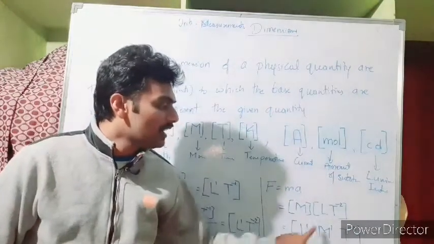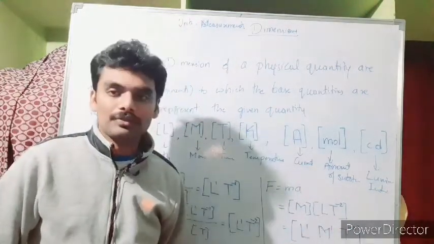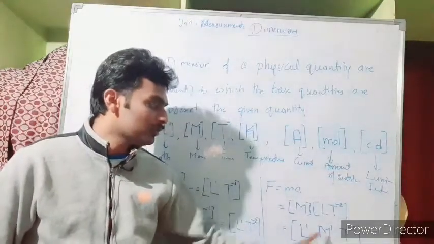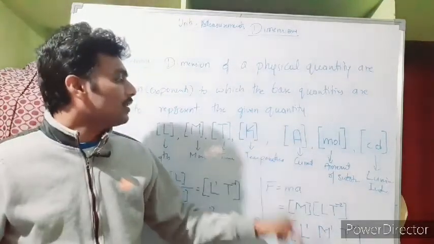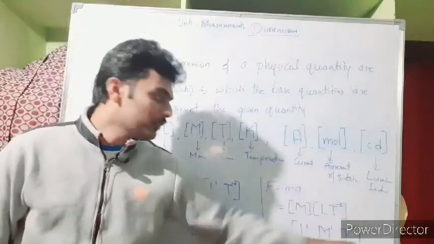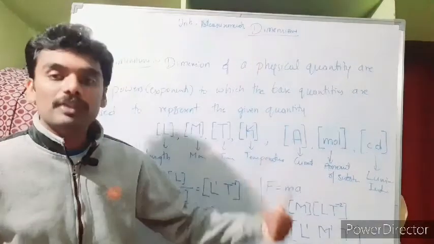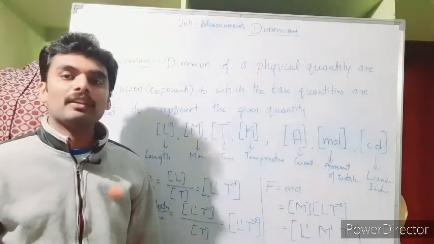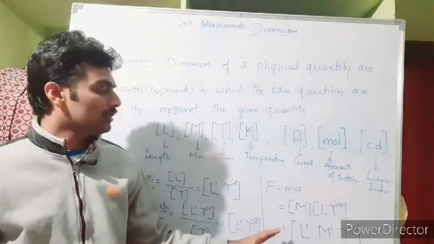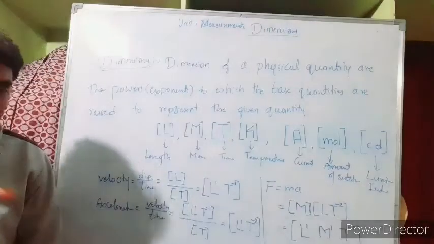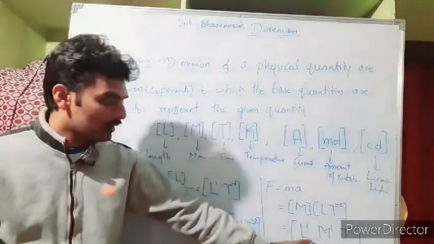It is showing us how and which quantities are used, because see, in force we have three base dimensions used, and temperature, current, mole, none of them are used here, isn't it? So how and which base quantities are used to represent the dimension of a given physical quantity, this expression is known as dimensional formula.